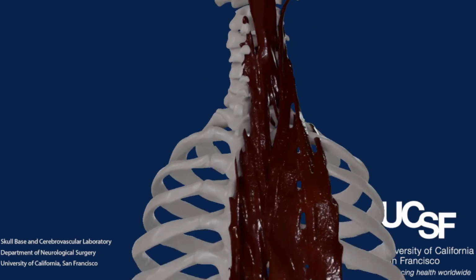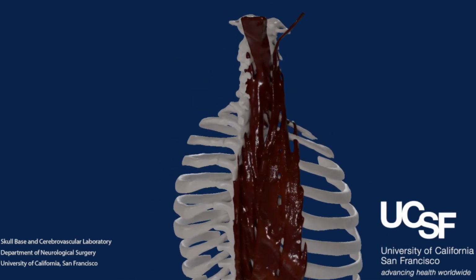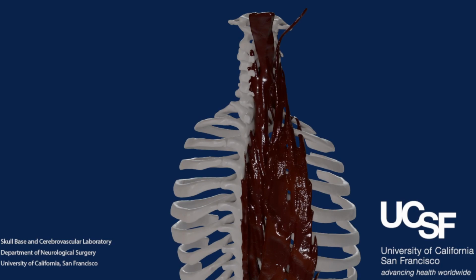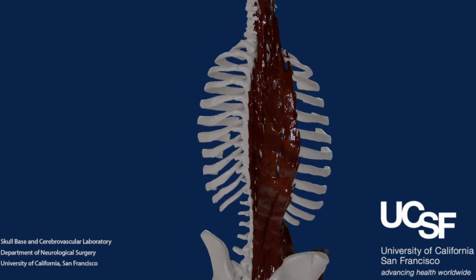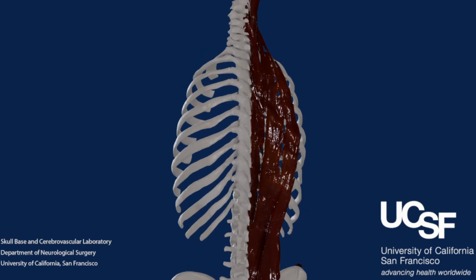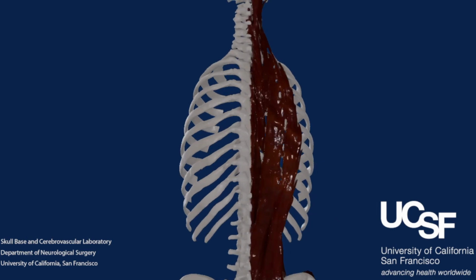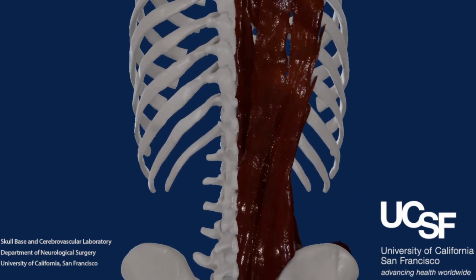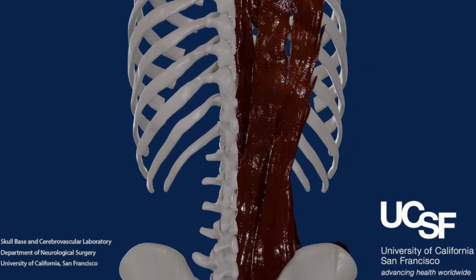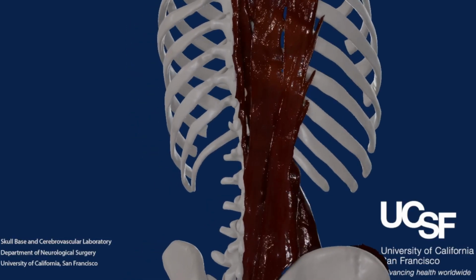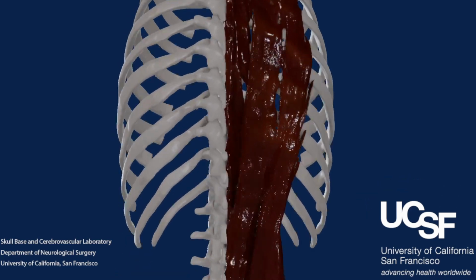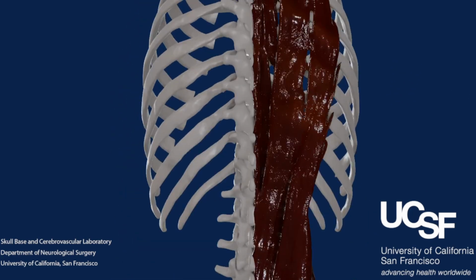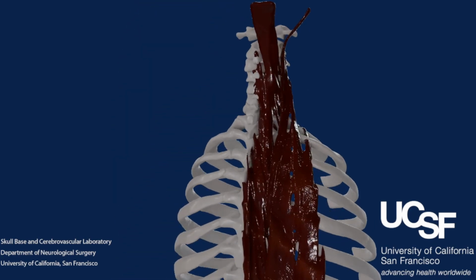And now we have a deeper layer of muscles, which is the fifth and sixth layer of muscles. These layers are formed by a group of small muscles that are going to be running from the most inferior regions to the most superior regions.